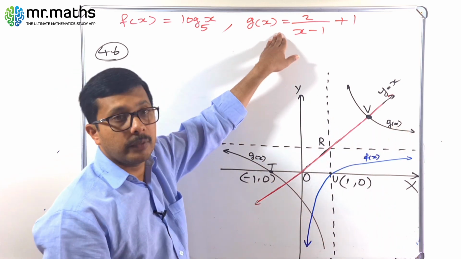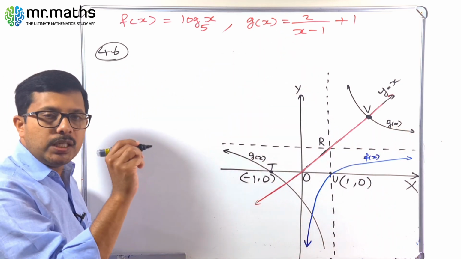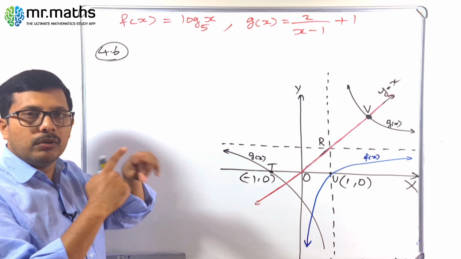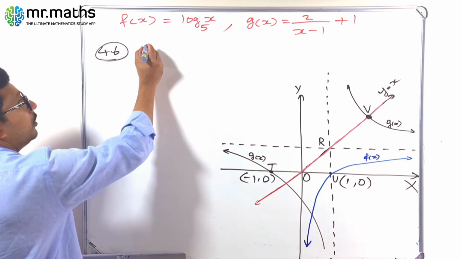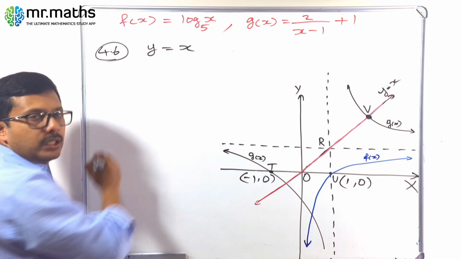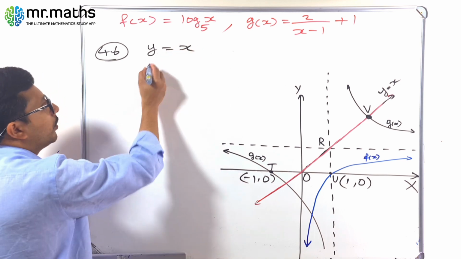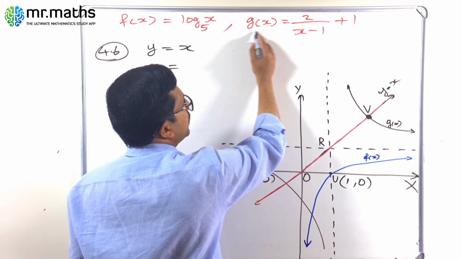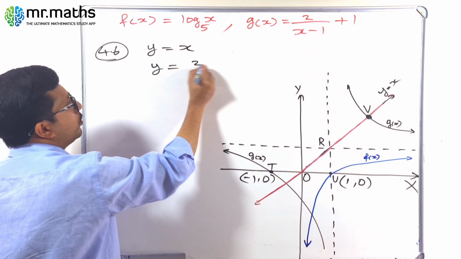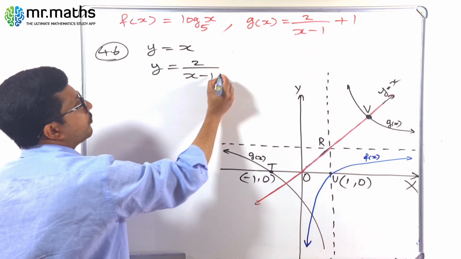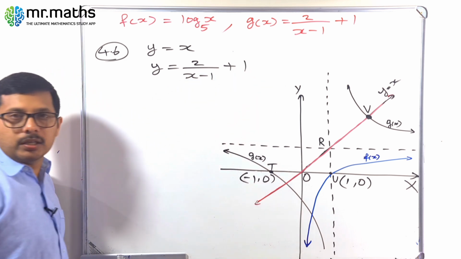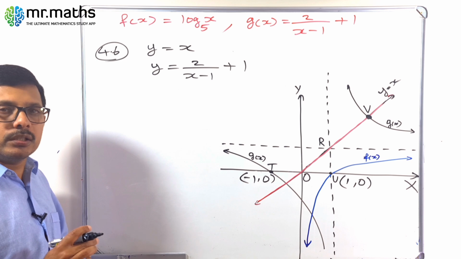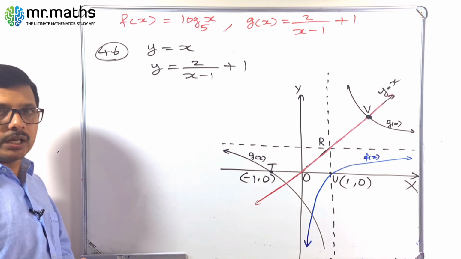So that point V is the common, or intersecting, point of y is equal to x and g of x. What is g of x? It is 2 divided by x minus 1, plus 1. So at an intersecting point, you know that both the graphs are equal.